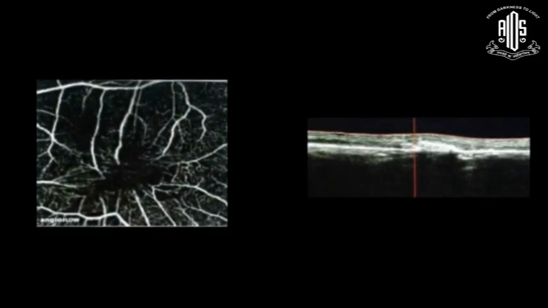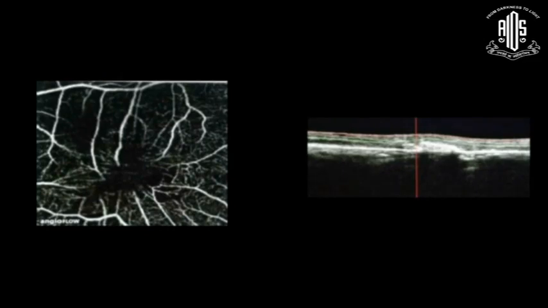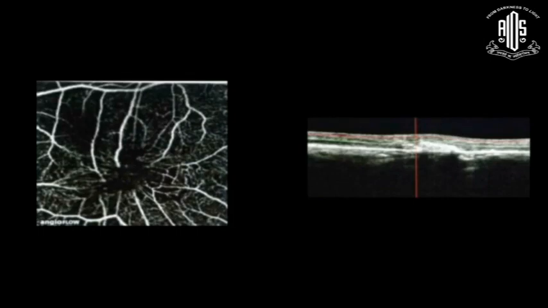OCT angiography demonstrates the origin of the flow within the retinal arteriole in the inner retinal layers, forming the type 3 intraretinal neovascular complex as seen on the left panel.